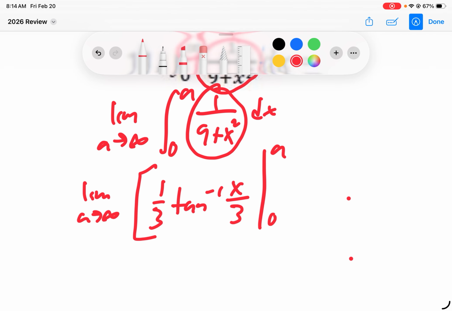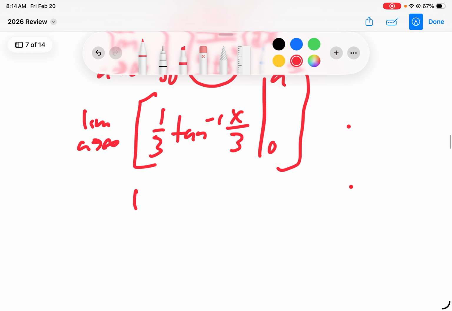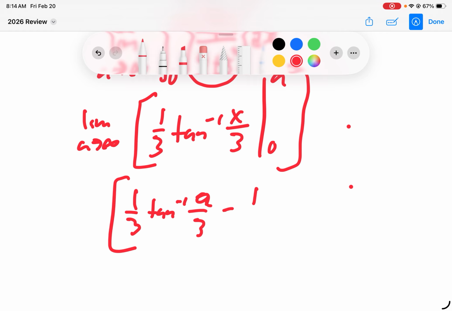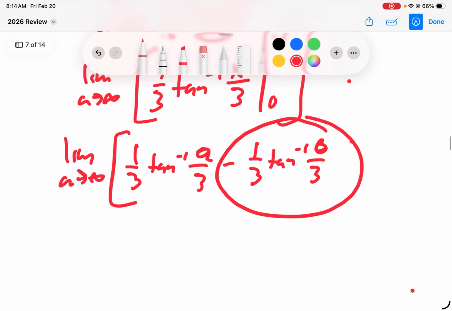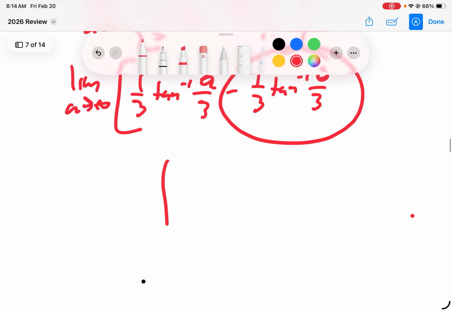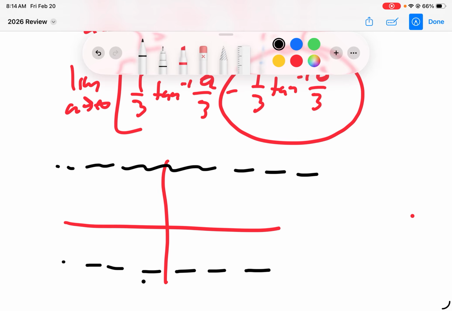This might go out here, looks a little better. Now plug in a: 1/3 tangent inverse of a over 3 minus 1/3 tangent inverse of 0 over 3. Just plug in the lower limit of integration, keeping the limit the whole time. Tangent inverse of 0 is just 0, so it's minus 0. You have to know this graph. Those are asymptotes. It goes up to positive pi over 2 and down to negative pi over 2.